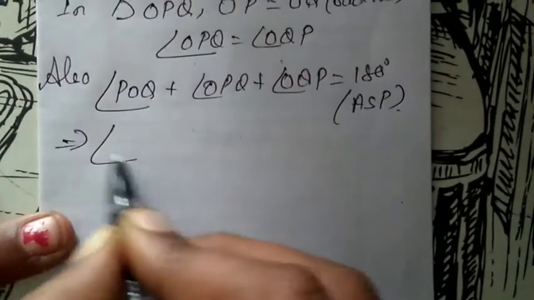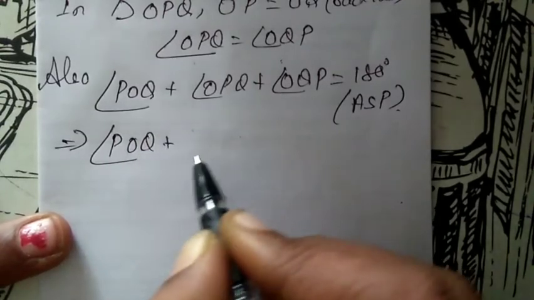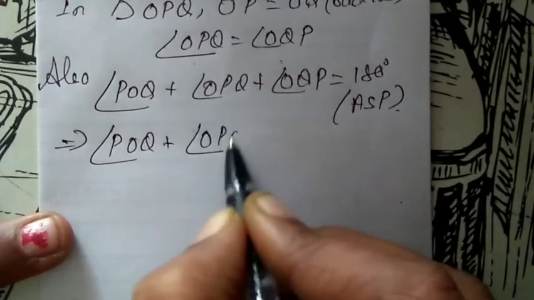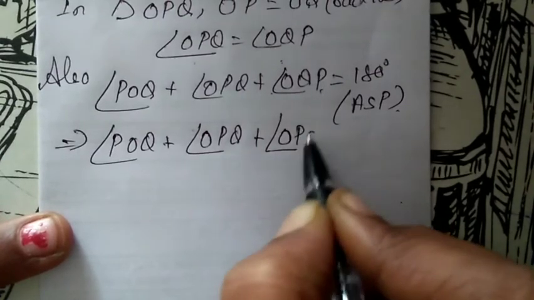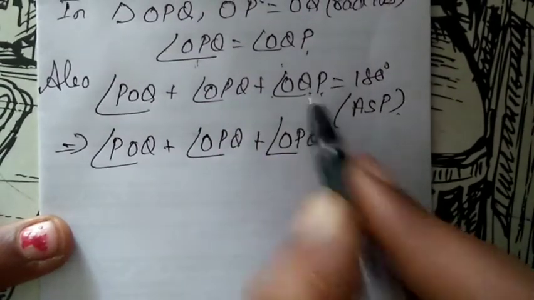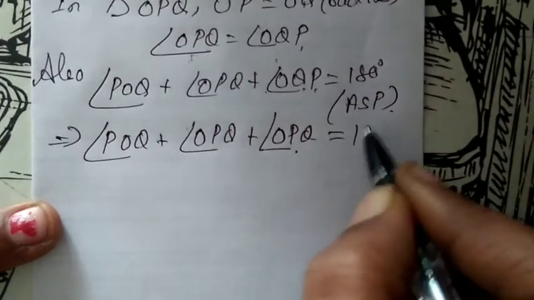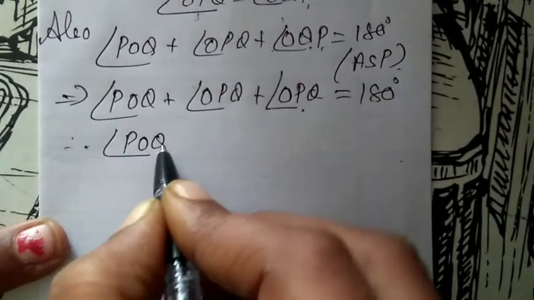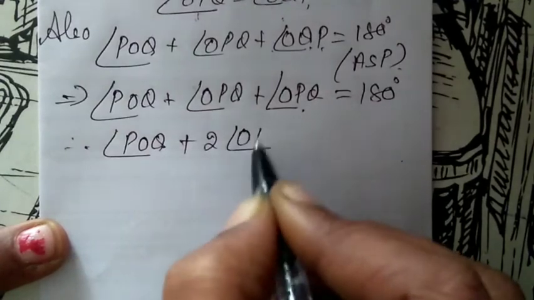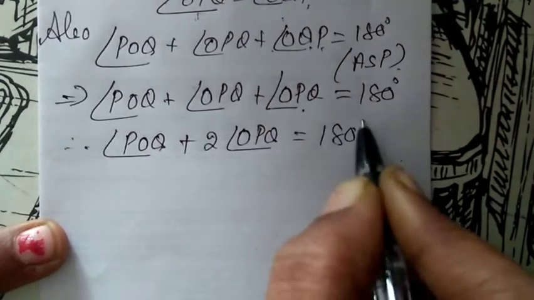In this, we can write POQ plus angle OPQ. This OQP even we can write as OPQ because these two angles are equal. We are rewriting that as OPQ is equal to 180. Therefore, angle POQ plus 2 times angle OPQ equal to 180 degree.